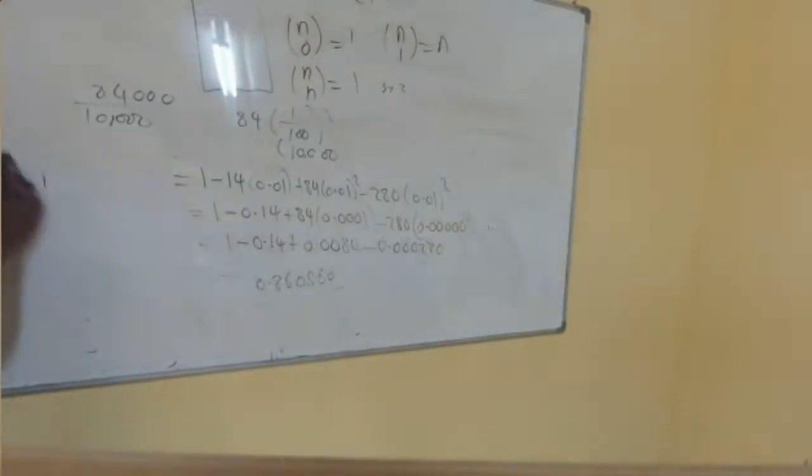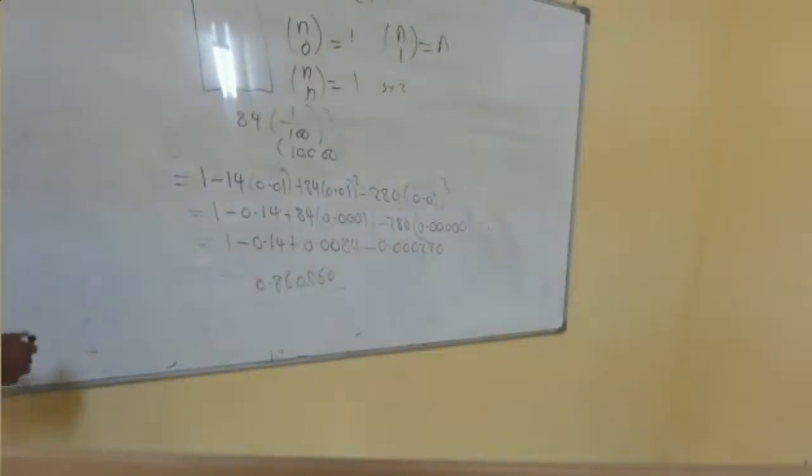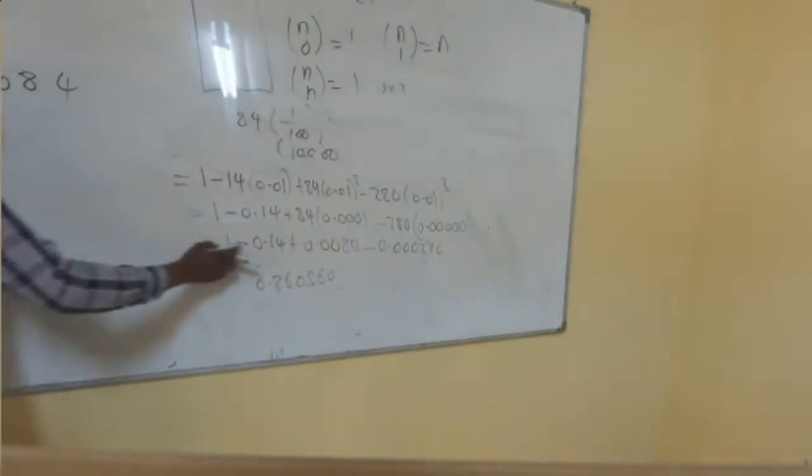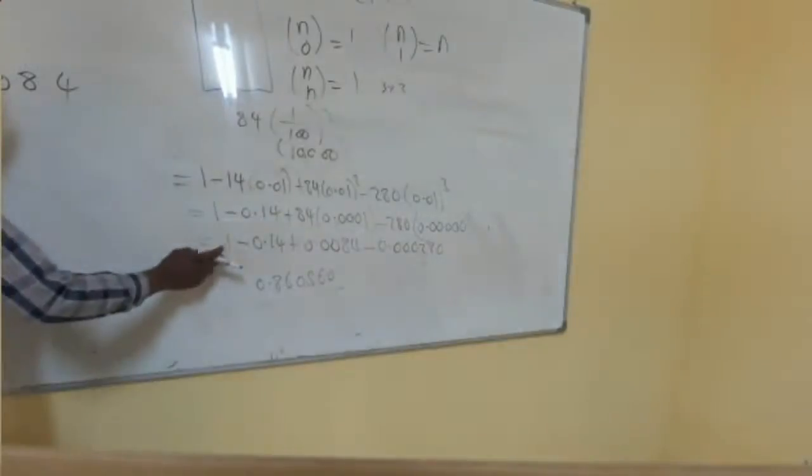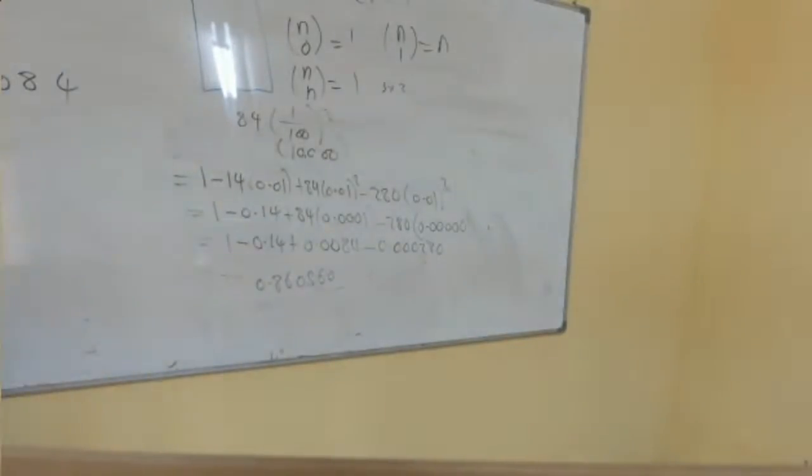Then lastly, we said we needed the difference. To find the difference, the first thing is 1.0084, that's what we wrote there. I added the positive ones, so the positive ones were 1 and 0.0084. Then we also needed to add the negative ones.